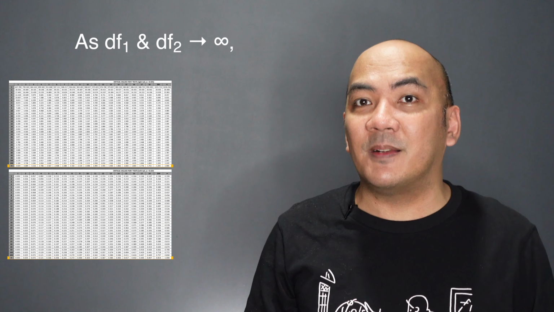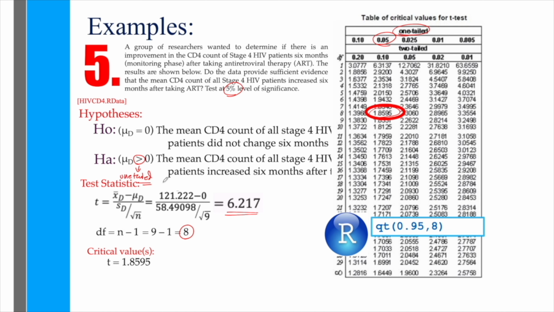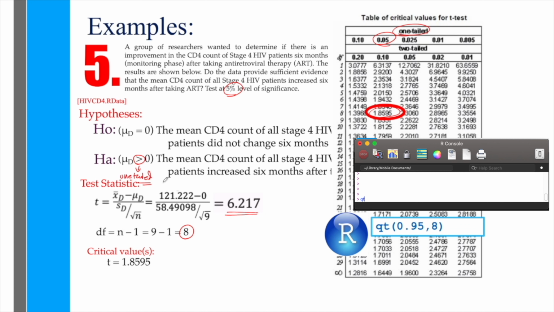Since the calculated value of t is positive, and since this is one-tailed, our critical value is t equals positive 1.8595, which we may also get in R using qt, 0.95, 8. If this is the t distribution, this is 0.05, thus this is 0.95. That's why we're making use of 0.95.